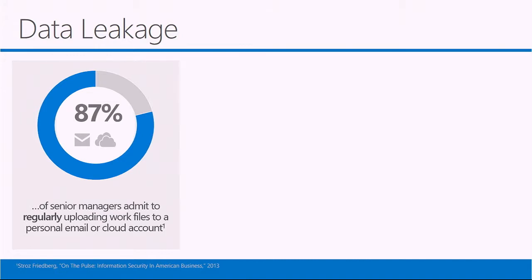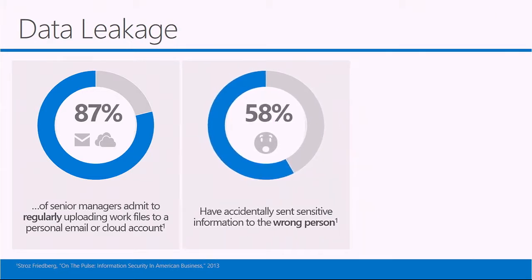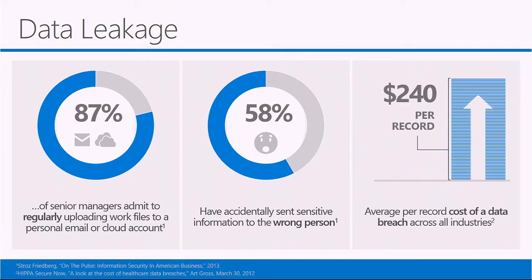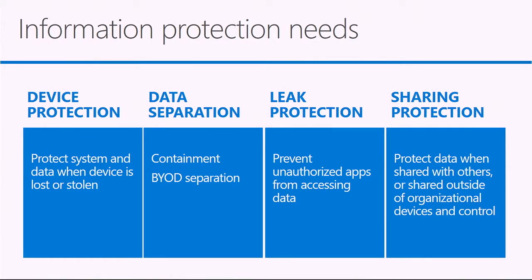There's a bunch of industry research that's happened. 87% of senior managers admit to uploading work files to their personal email account or into cloud accounts. Almost half the users out there have accidentally sent sensitive information to the wrong person, and so it's just too easy to leak information. Again, willingly or unwillingly, it's just really too easy to do that.